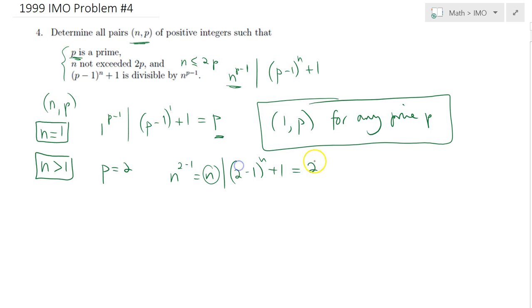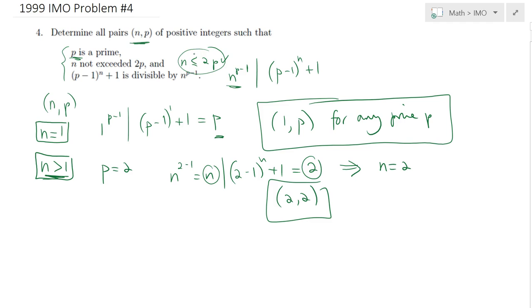So n should divide 2, but n is strictly greater than 1, so n must be equal to 2. As a result, we have our second solution, namely (2, 2), which satisfies the three conditions. The second condition is obviously satisfied as well.